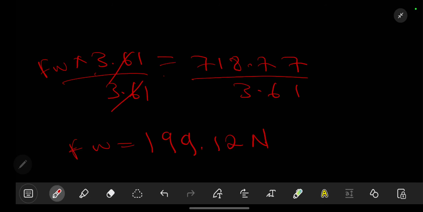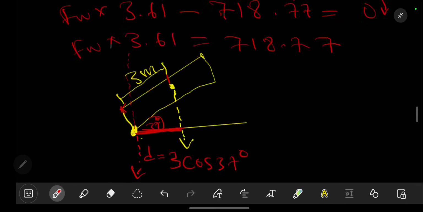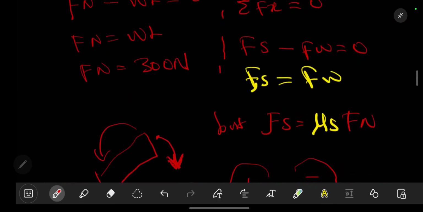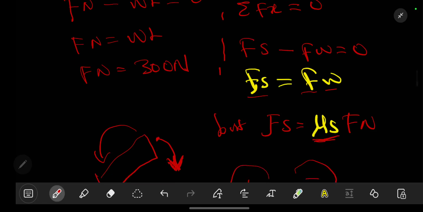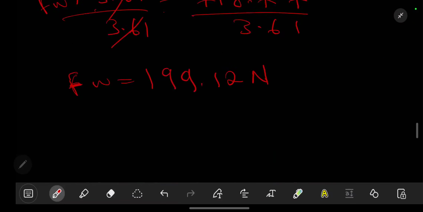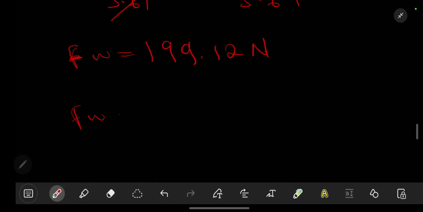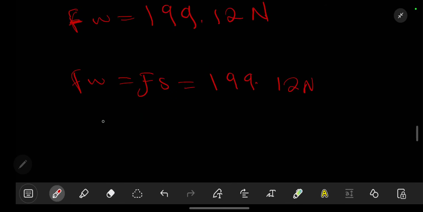So we have found the force on the wall, like that. So we are required to find the reaction forces. That means the frictional force, the normal force, and the coefficient. So remember, we have said that the force on the wall is equal to the frictional force, which is equal to 199.12 newtons, like that. Then we know Fs is equal to mu s times the normal force, like that.